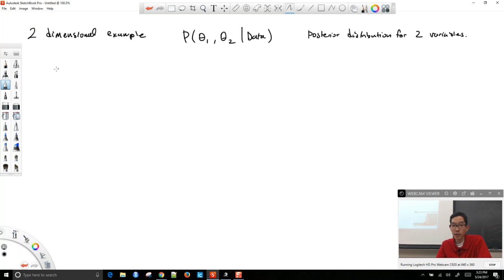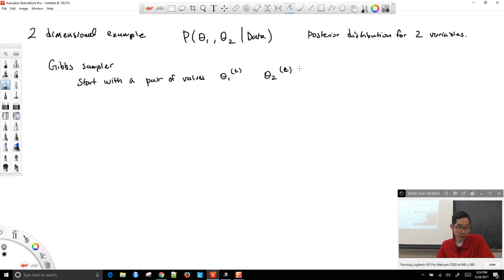And just the way the Gibbs sampler will work is, we begin with some pair of values: theta 1 at time t and theta 2 at time t.